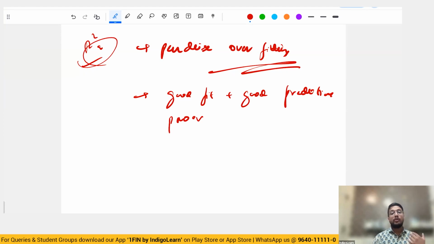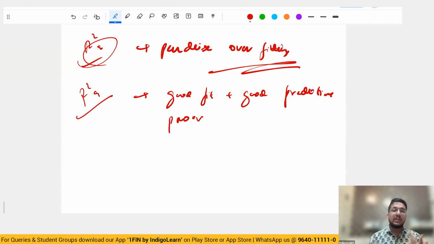If I want a model with good forecast capacity, and better goodness of fit compared to the existing model, the model I'm getting using adjusted R square is generally not good enough.